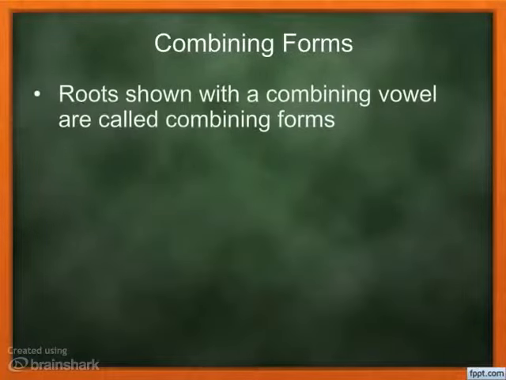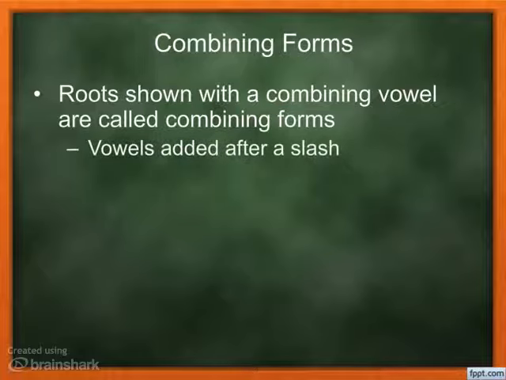So now let's look at how we can form or combine words. So the root is shown with a combining vowel, and if it does have that combining vowel, it's called a combining form. So in your textbook, you'll notice that there'll be a slash after the root and then the vowel.